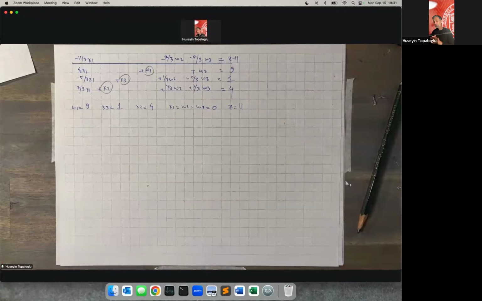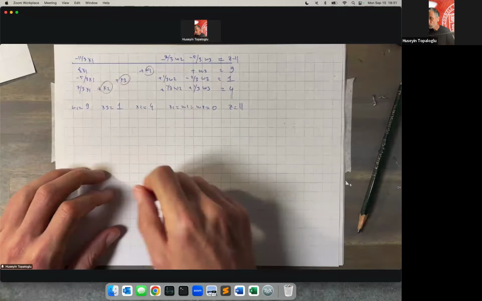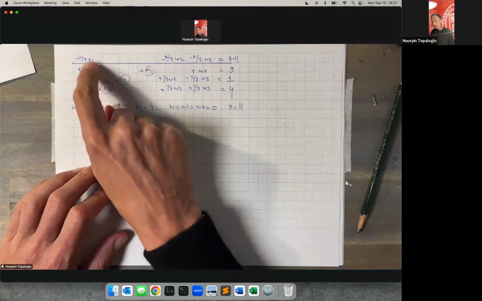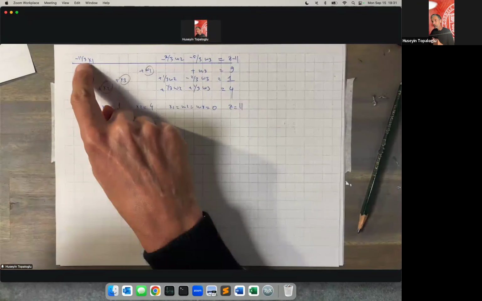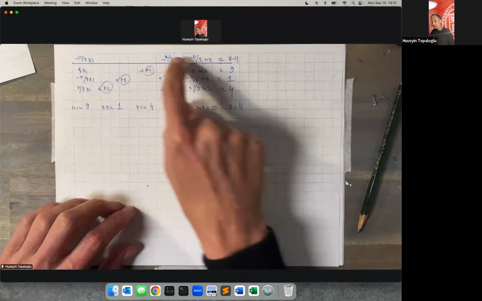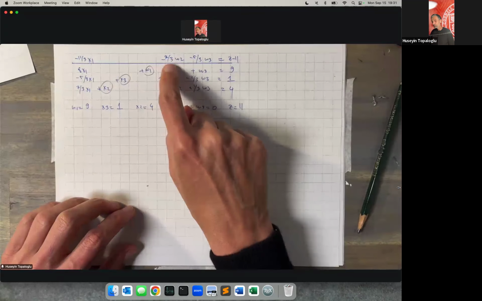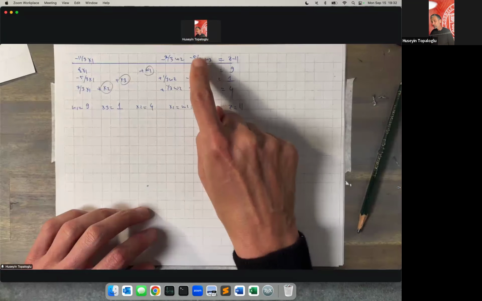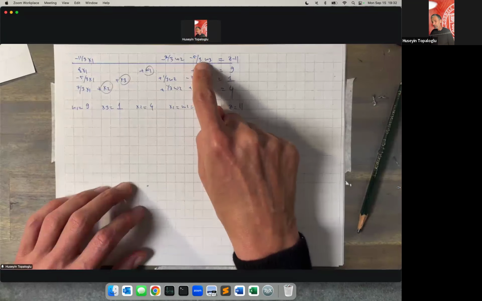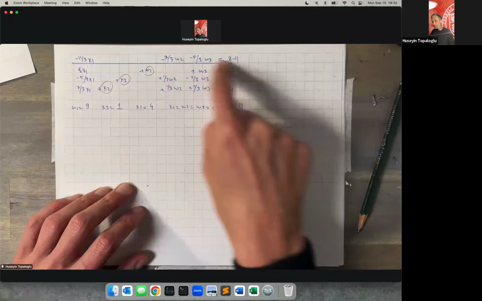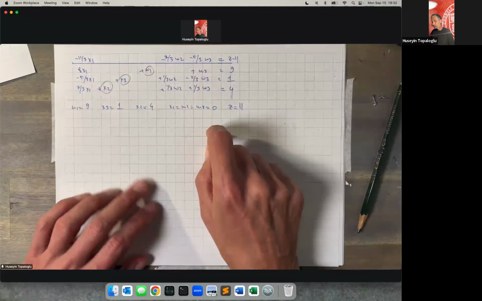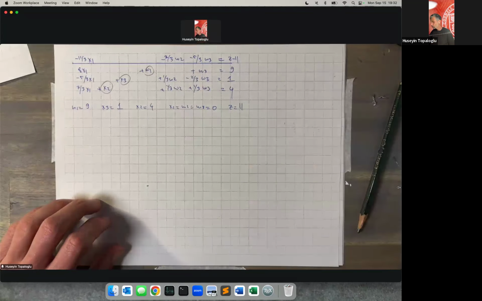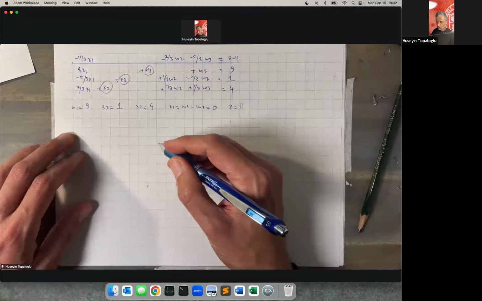Again, we ask ourselves, can we make the objective value better? Can I get to a better objective value? If you look at the objective function row, for each unit of increase in x1, the objective value goes down by 11 over 3. For each unit of increase in w2, the objective value goes down by 2 over 3. For each unit of increase in w3, the objective value goes down by 5 over 3. So there is no decision variable that we can increase to make the objective value larger, and we can conclude that the solution we reached is optimal to the linear program that we saw.